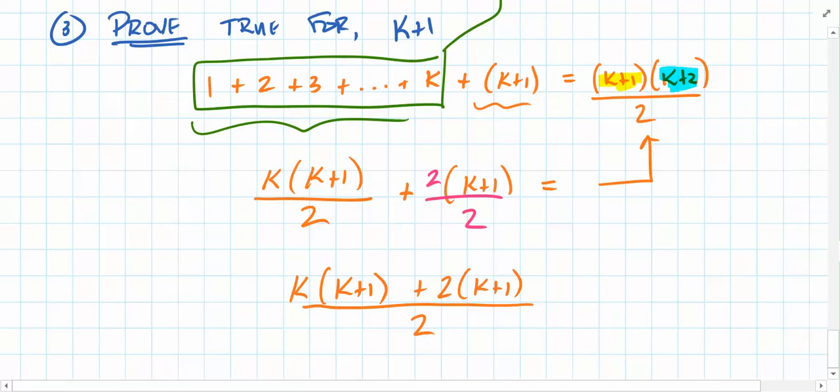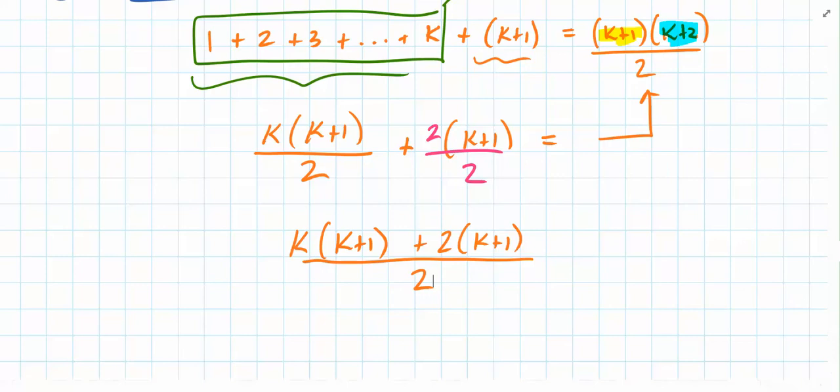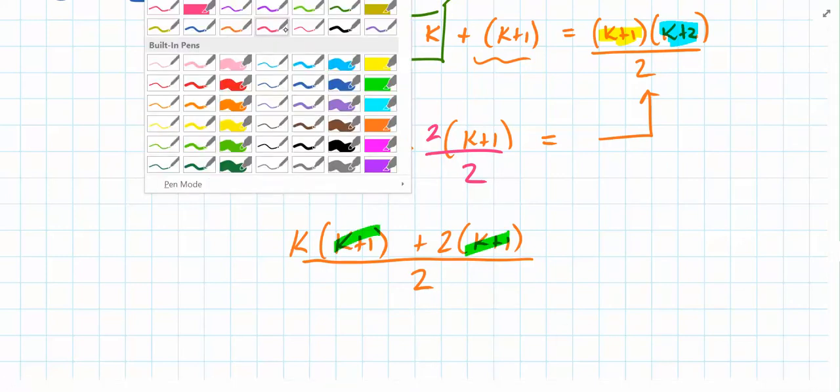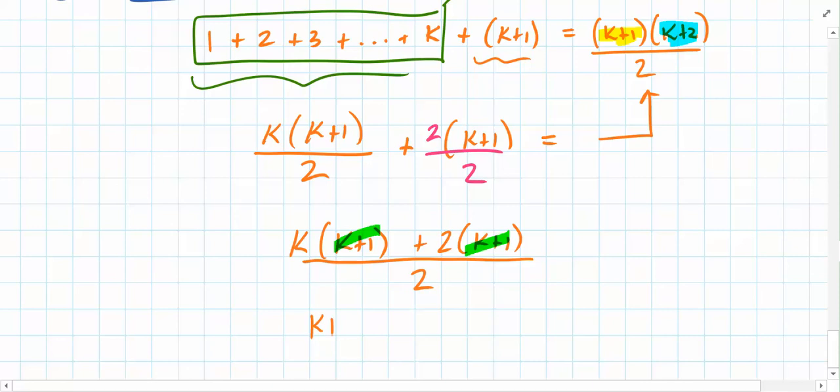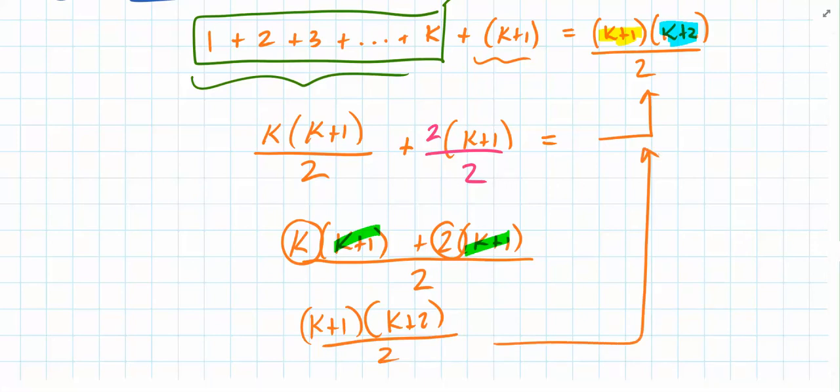Anybody see anything you can factor out? Yeah. These right here, these two terms, that and that, they are the same, right? So you can actually factor them out. K plus 1. What are you left with? Oh, a k plus 2, all divided by 2. Hey, check it out. That's exactly what that says right there.